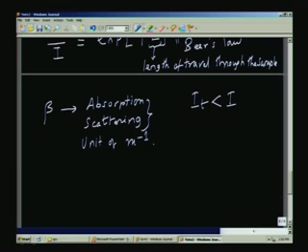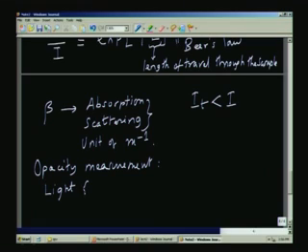And let us look at the type of arrangement we are going to have, which I think I should mention. The measurement, or opacity measurement, is made using the light from an LED.